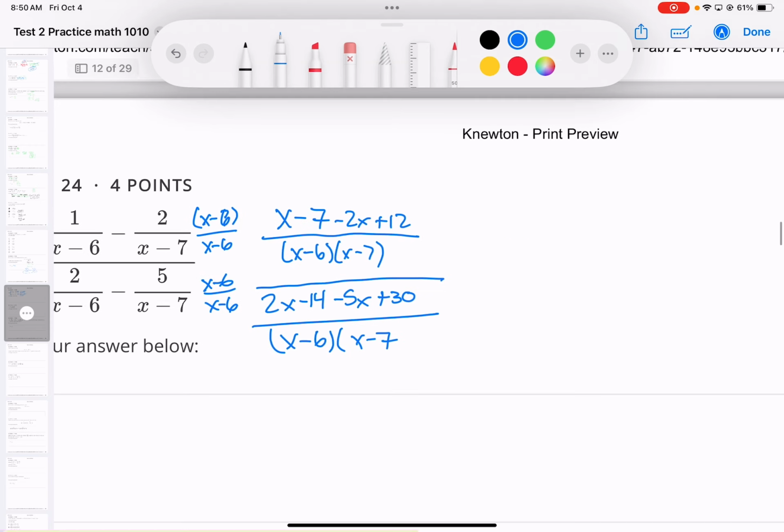So let's combine like terms and copy dot flip kind of in the same go. So this top one, I've got negative x plus 5 over x minus 6, x minus 7.